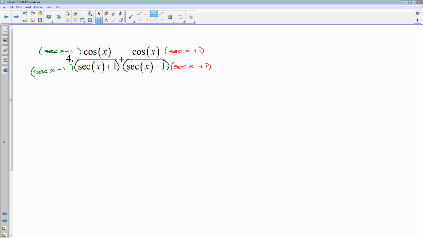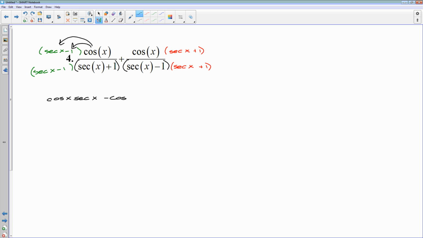That gives me cosine times secant x minus 1. If I distribute that, cosine times secant, I'm simply going to write cosine x secant x minus cosine times 1. So I'm simply distributing cosine times both of those.